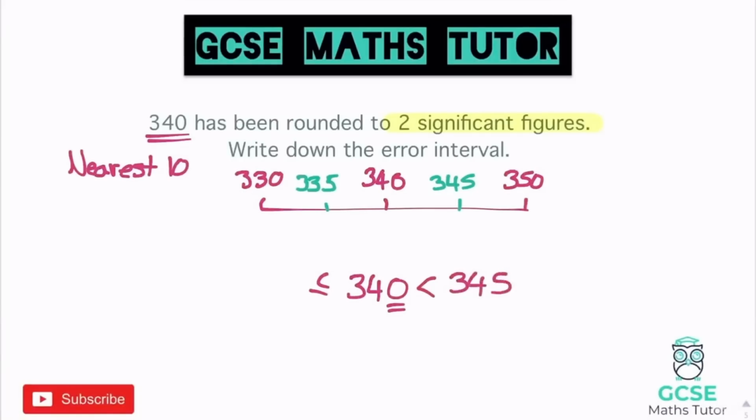So the 4 drops down to a 3, so 330, and stick a 5 on the end, so 335. Okay, and you can see that from our number line, but I'm just thinking about how you can do these nice and quick without fully drawing out a number line. Okay, so it's been rounded to the nearest 10. When it's significant figures and there's no decimals involved, there's a slightly different trick here. So the first 0 turns into the 5 for the upper bound, and then same process again, drop the number before it down and add a 5 on.